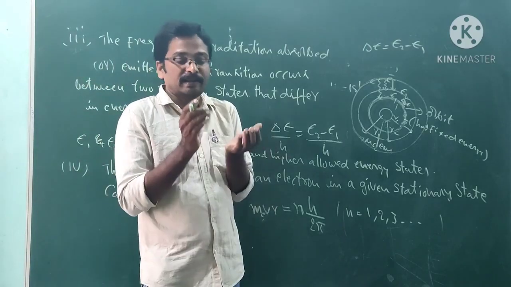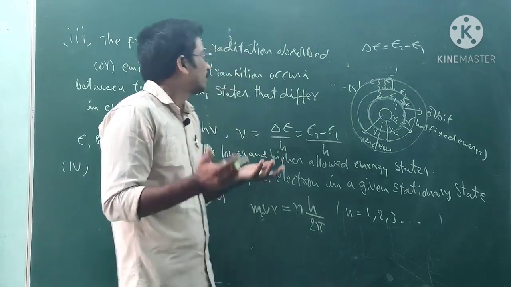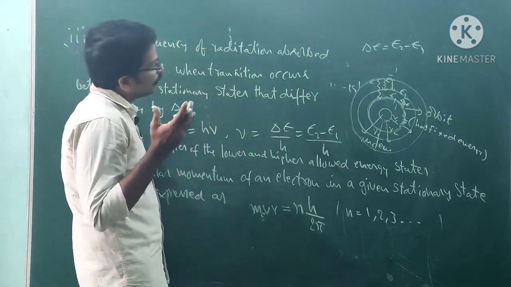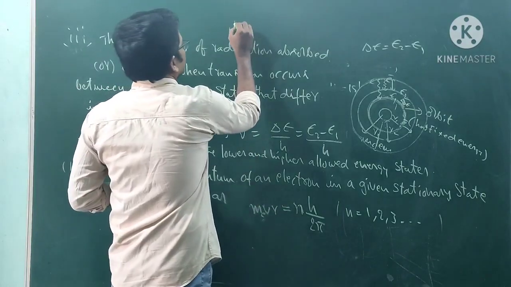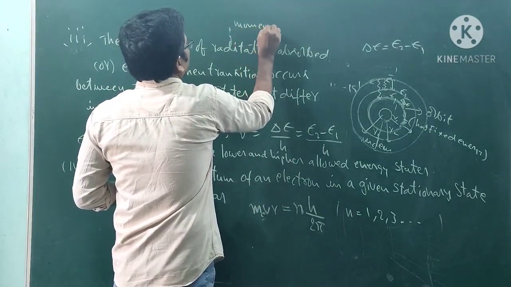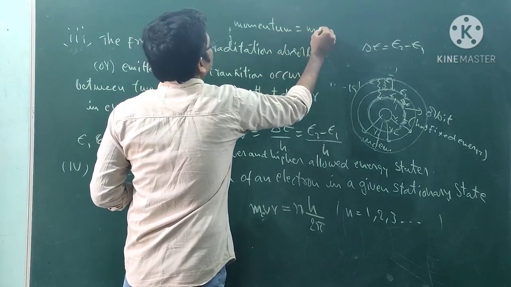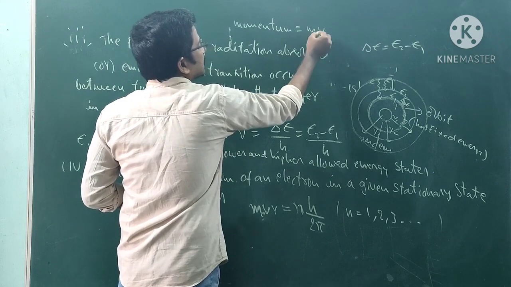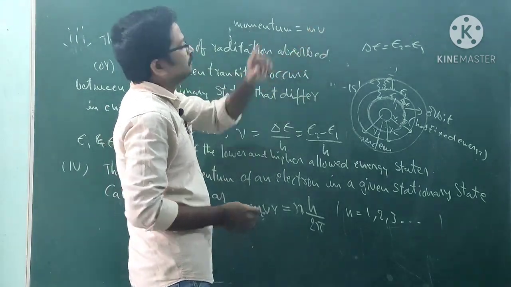Whenever a certain mass moves in a straight line, we say that the object has momentum. Momentum is m into v, mass into velocity. Mass into velocity is known as momentum.